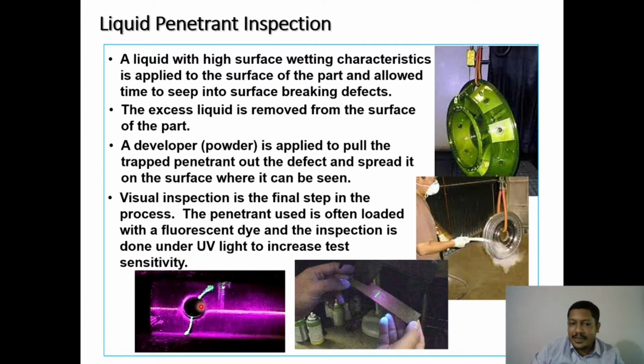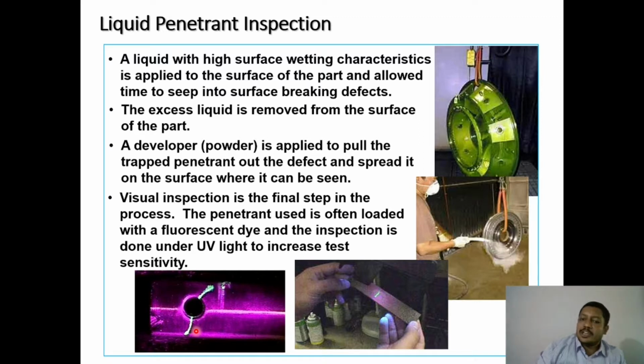These are the areas where the crack is present, but initially with the naked eye, or even with a magnifying lens, you are unable to observe it. The microscopic surface defect is easily traceable with the help of the liquid penetrant inspection process.